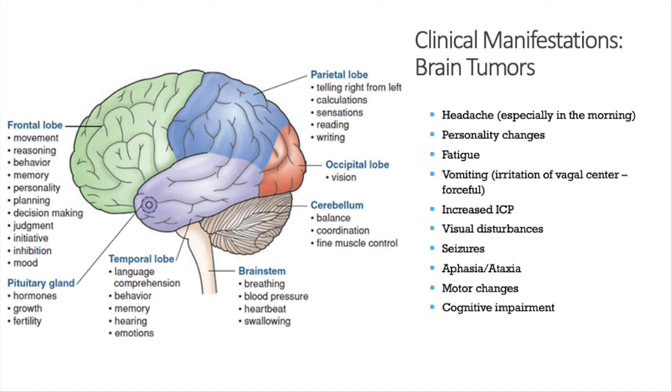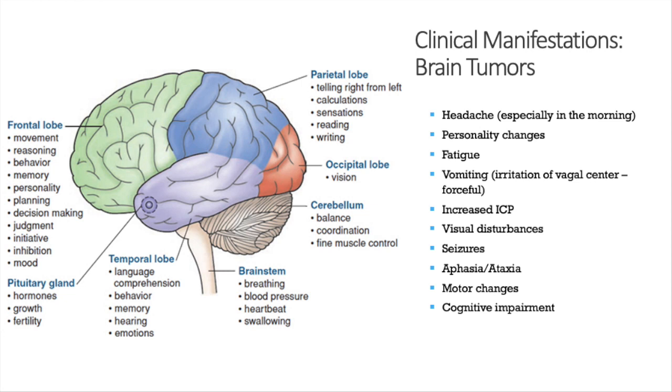Depending on where the tumor is in the brain, we have here, again, a diagram that shows you what each lobe is responsible for. Depending on where that brain tumor is, you would suspect to see deficits in whatever area. So if it's your frontal lobe, the patient may have very poor judgment and reasoning. They may constantly repeat themselves over and over again.